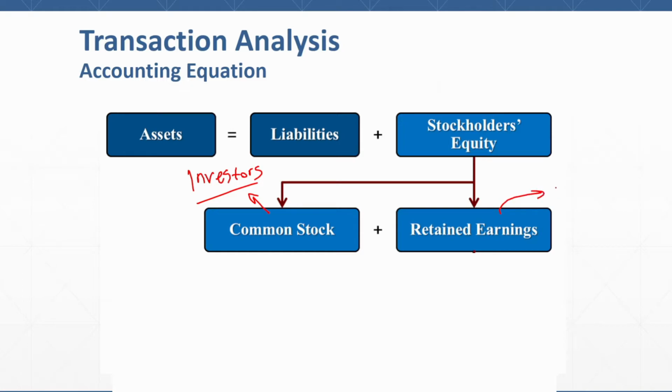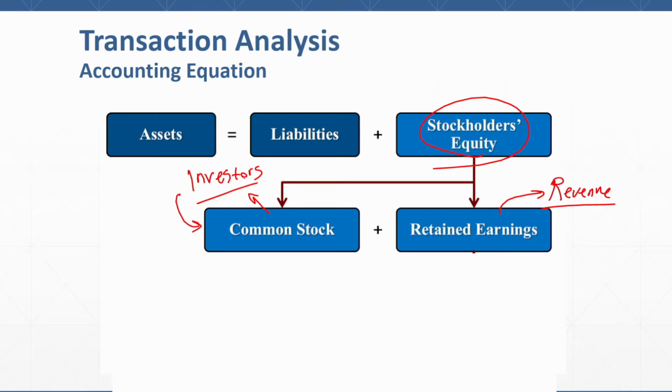Retained earnings is the money made inside the company, the revenue that you collected and kept inside the company. You didn't spend it, you didn't distribute it to the investors as a dividend. Retained earnings, the money made and kept inside the company, plus the money that investors put into the company, both together are called equity.